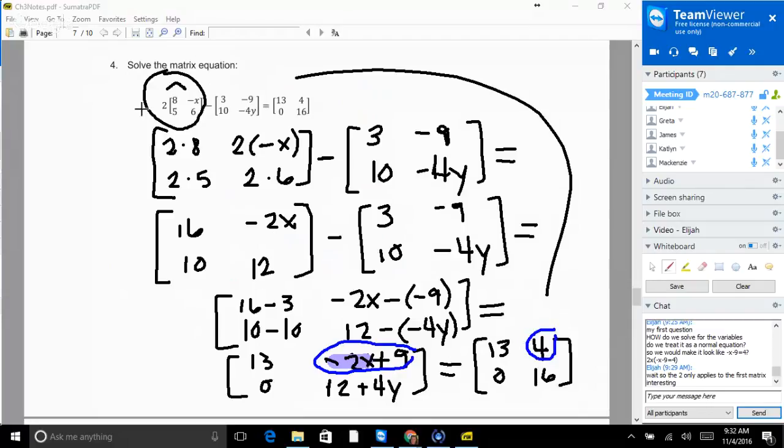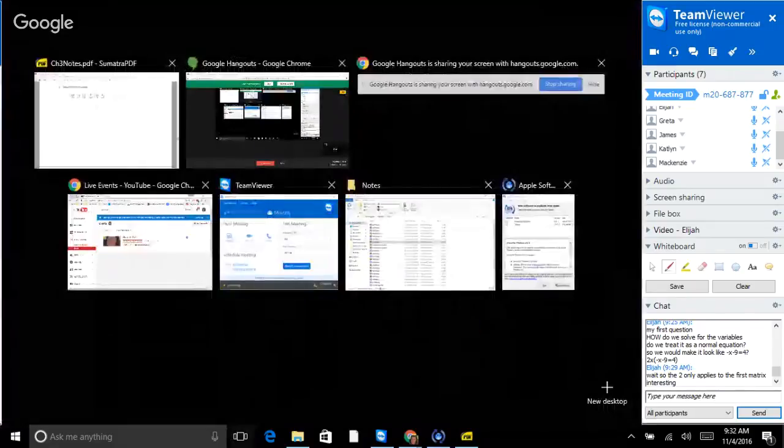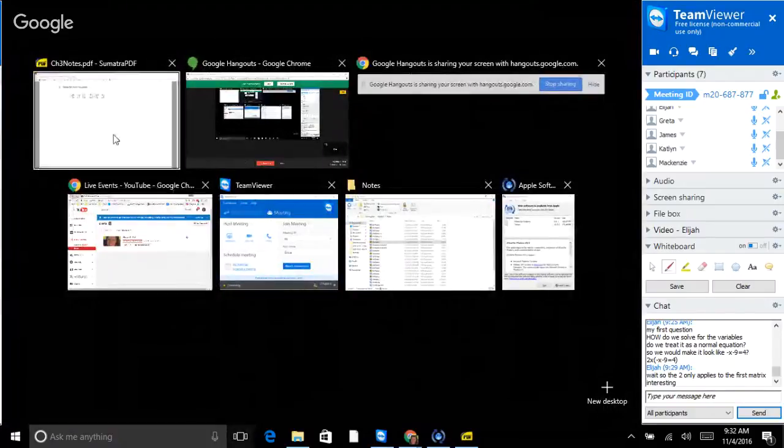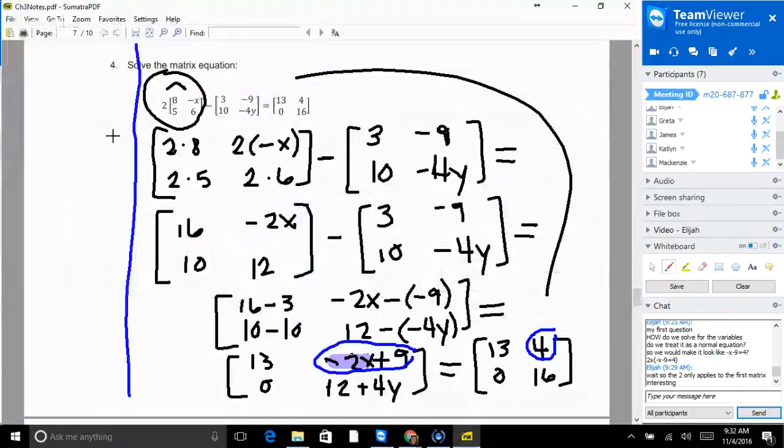So that means if I make some room over here from this mess, that I could say, negative 2x. So I'm taking what is in my first row, second position. Negative 2x plus 9 equals 4.